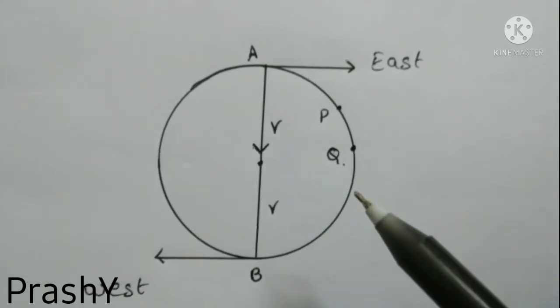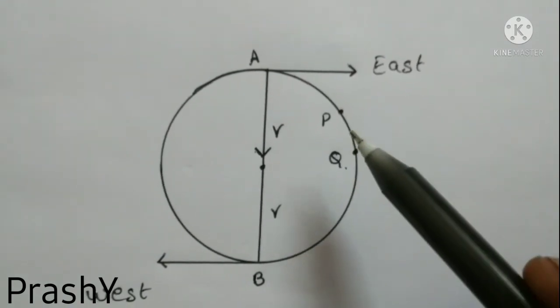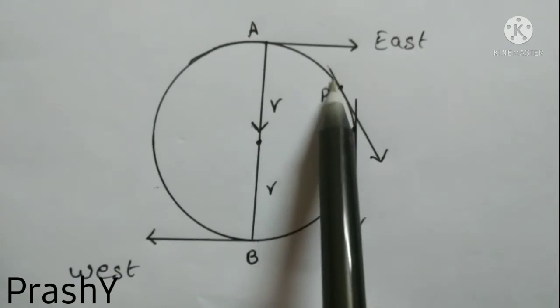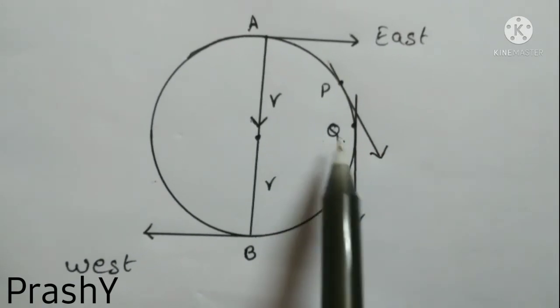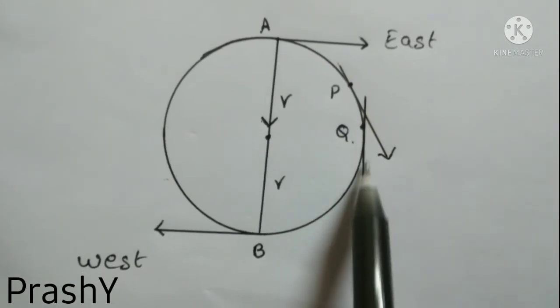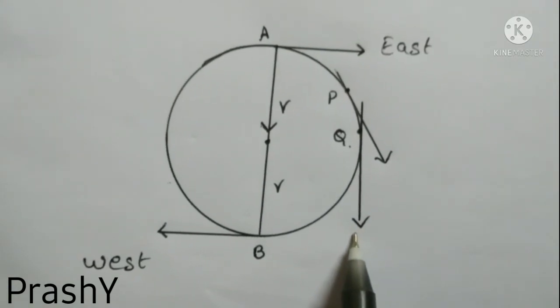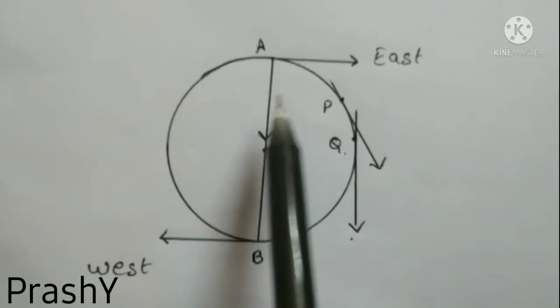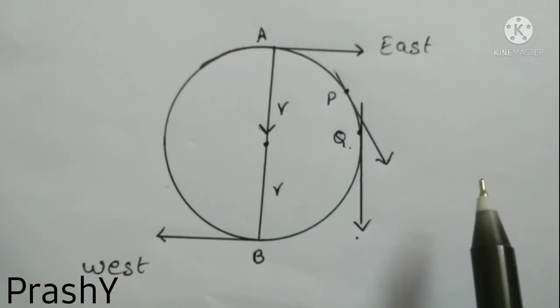Now if I draw a tangent at point P, it is along this direction, and at point Q the direction is along this direction. So though the train is moving with constant speed, the direction of the train is changing continuously.